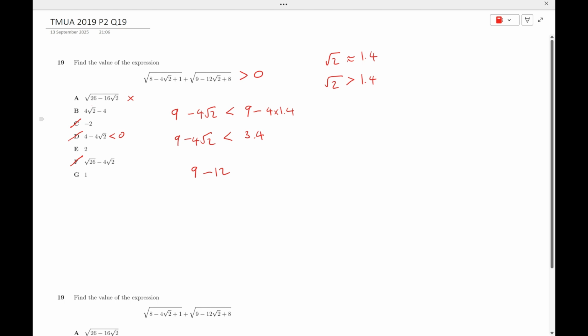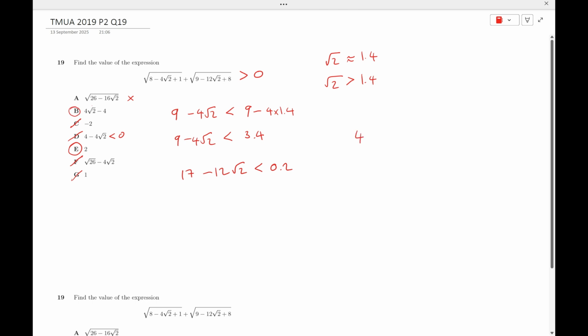So then the second, which is 17 minus 12 root 2. Well, 12 root 2 is going to be 16.8. So this is less than 0.2, which is pretty small. But the square root of 3, it's not going to be 1, just because the approximation we've used isn't that far off. So it's almost certainly 2 or this one here.